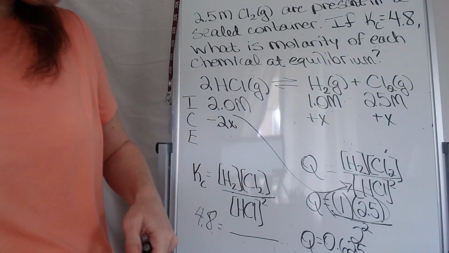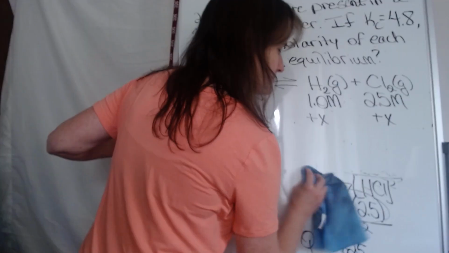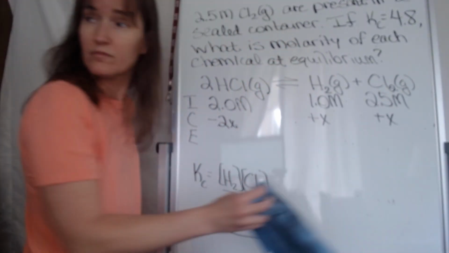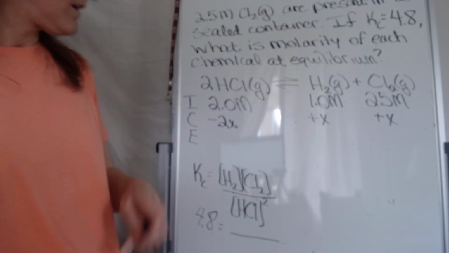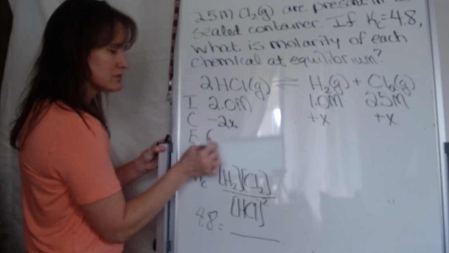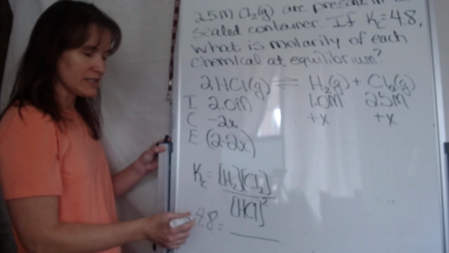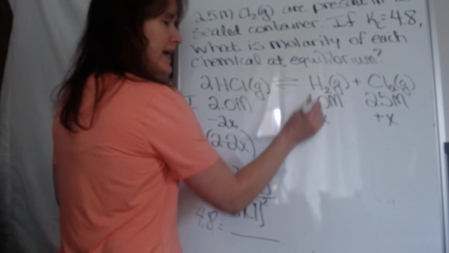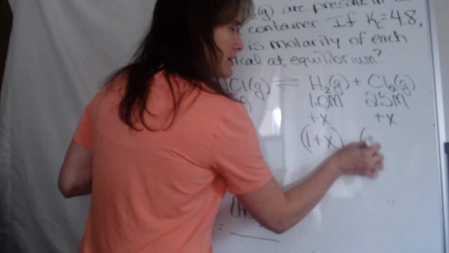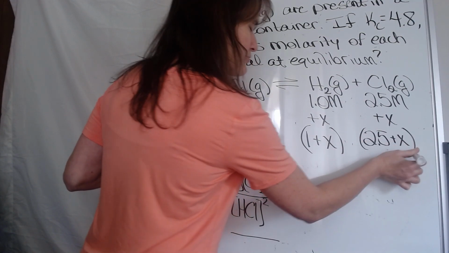So I'm going to erase the Q information. And then you just bring your values down. So it's 2 minus 2x for HCl, 1 plus x for hydrogen, and 2.5 plus x for chlorine.